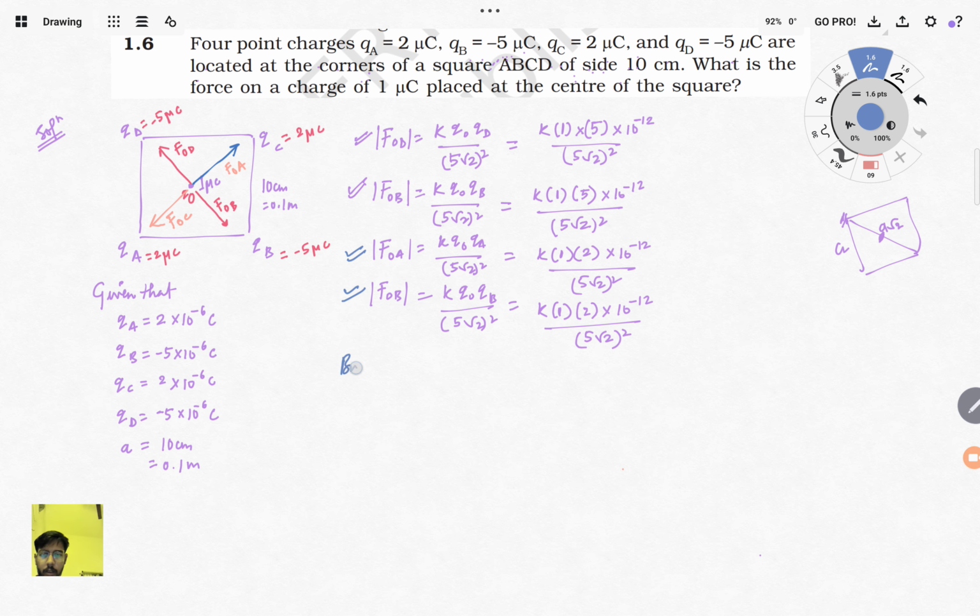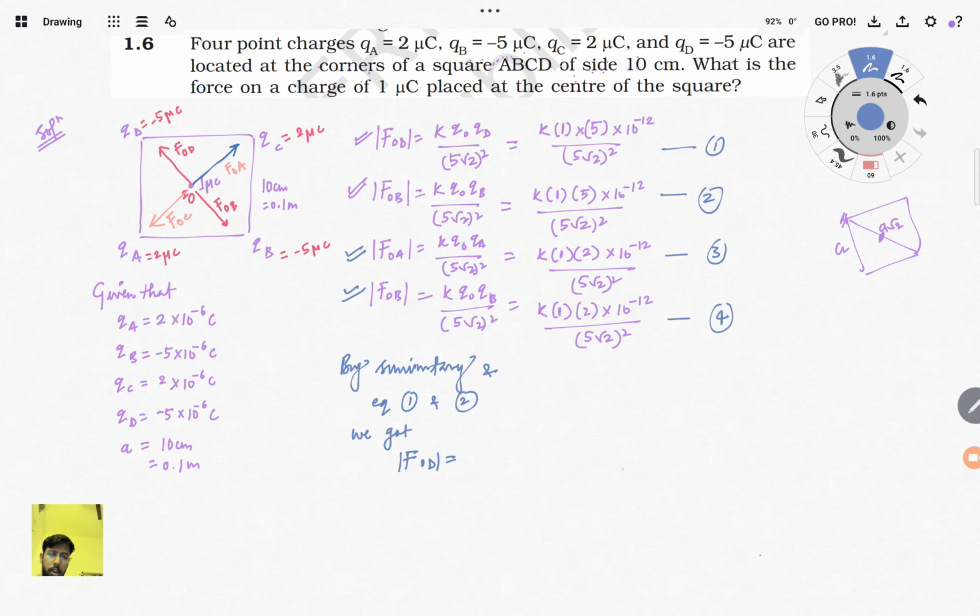So by symmetry, and from equations 1, 2, 3 and 4, we got FOD magnitude equal to FOB magnitude, and FOD minus FOB is equal to 0.